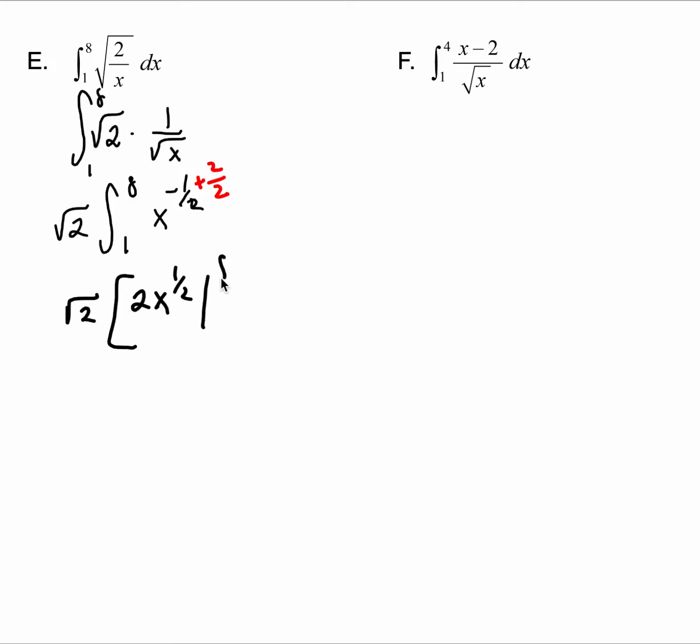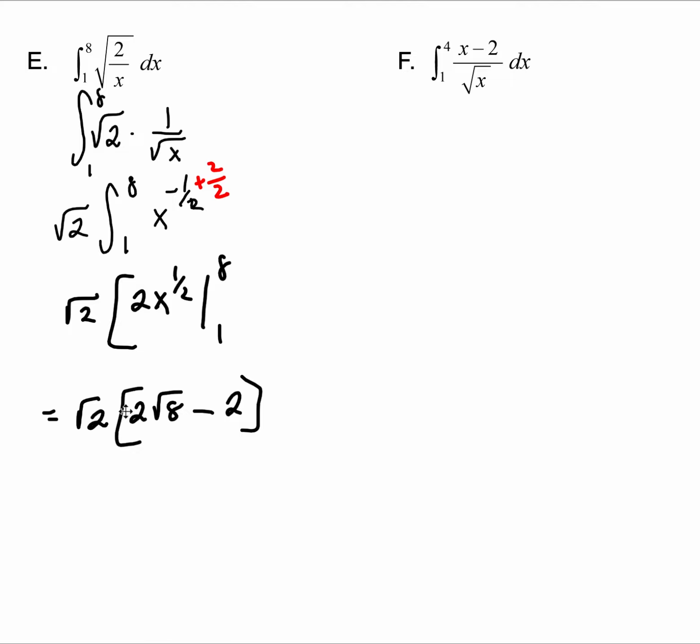And we're going from 8 to 1. So I plug in the 8. And this is just going to be the square root of 8 minus 2 times the square root of 1, which is just 2.